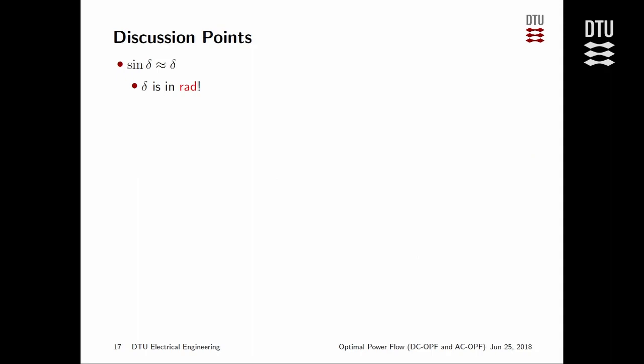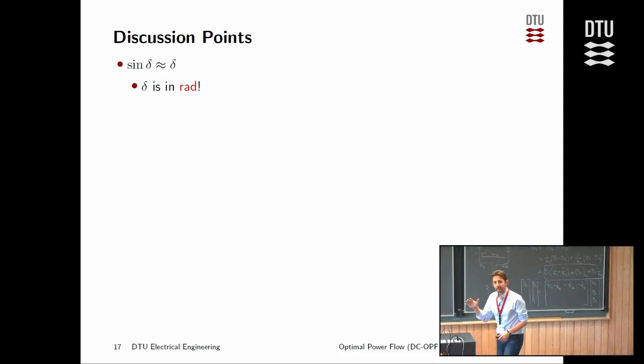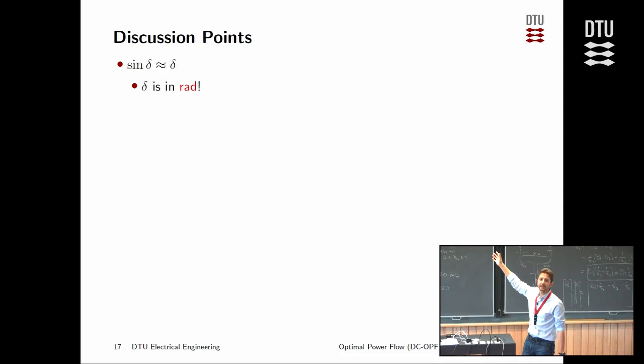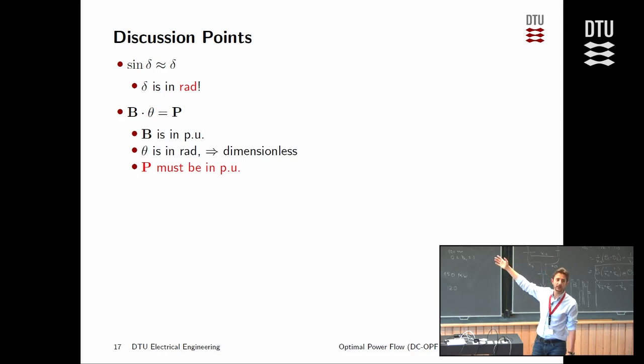Discussion points. I also had a discussion during the break. I have presented here a formulation that I think is kind of clean. When I talk about deltas, for me, these are the approximation of the voltage angles, okay? I have a DC-OPF where delta is just a variable, and if delta is just a variable, not expressed in radians, then I don't need per unit.